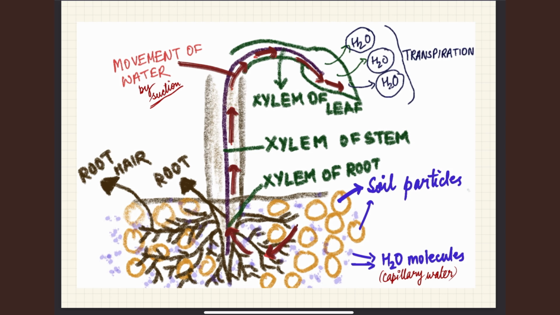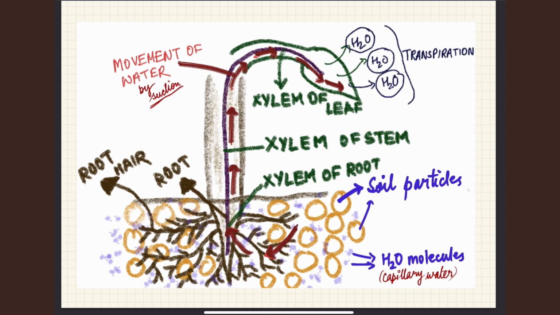Transpiration of water in the form of water vapor from the leaves creates a suction pull, and this pulls the water in the upward direction. So that is how transportation of water takes place.